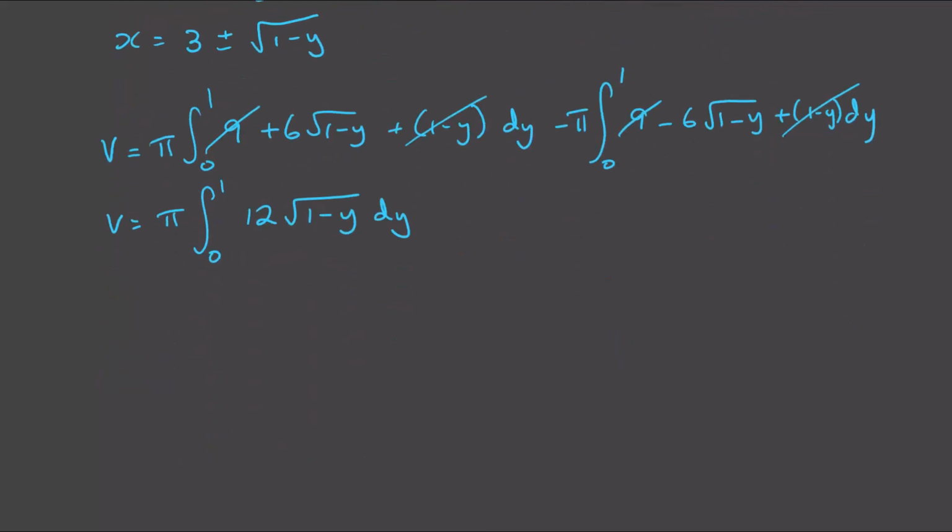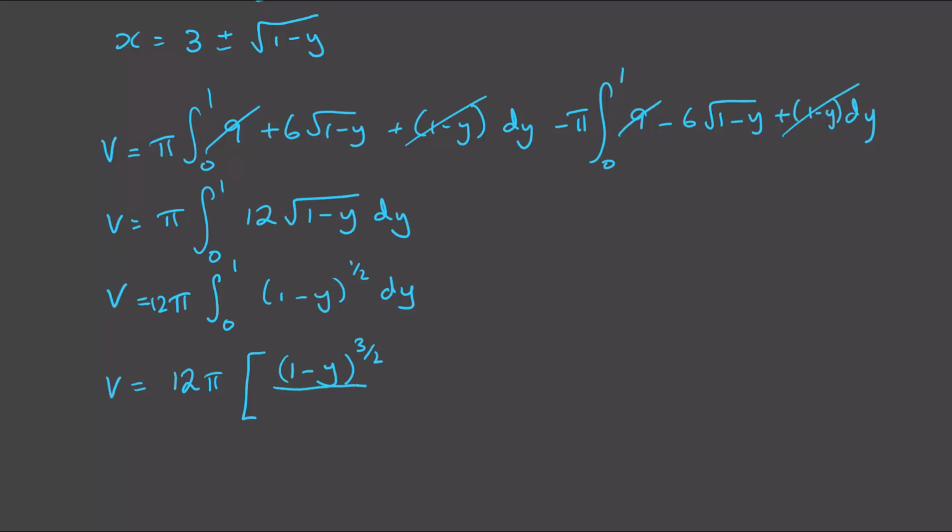And so that gives me, let's put the 12 out here, 12 pi times the integral from 0 to 1 of 1 minus y to the half dy. And so that is going to give me 12 pi times 1 minus y to the 3 over 2, divided by 3 over 2 times negative 1, with the negative 1 being the differential of the inside function there, evaluated from 0 to 1.